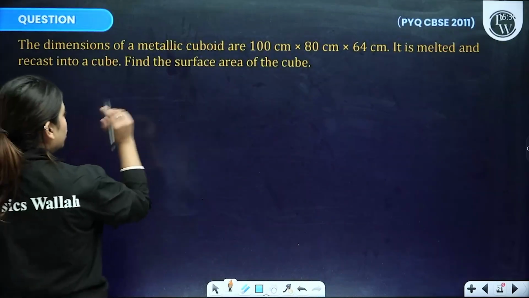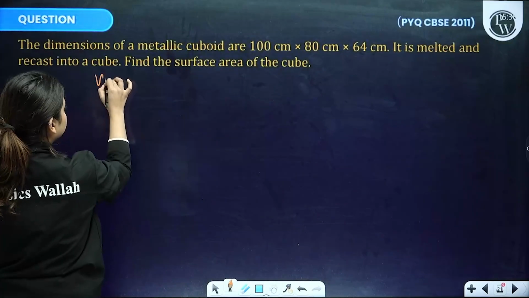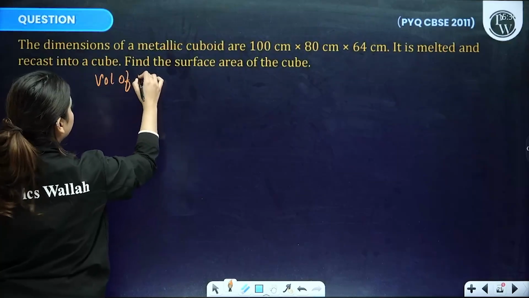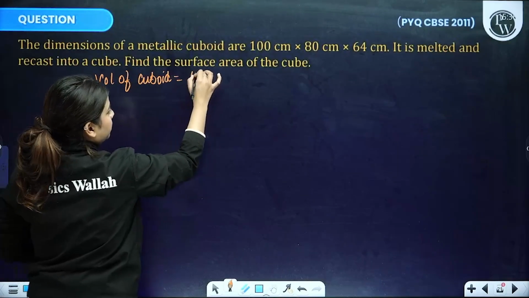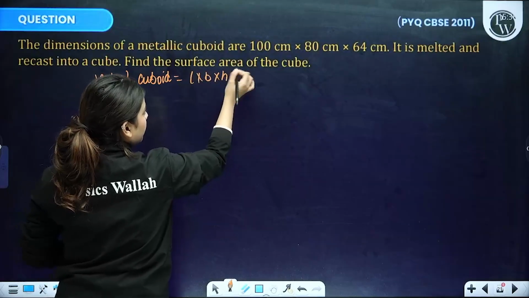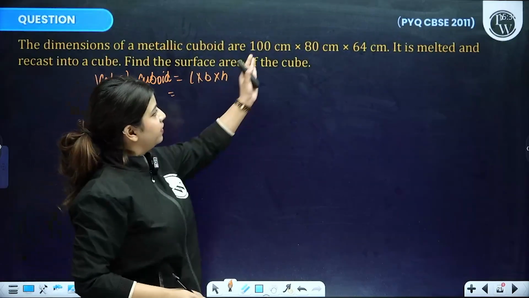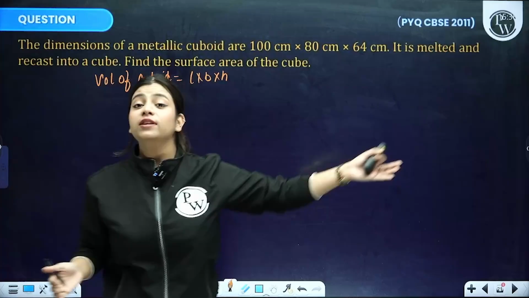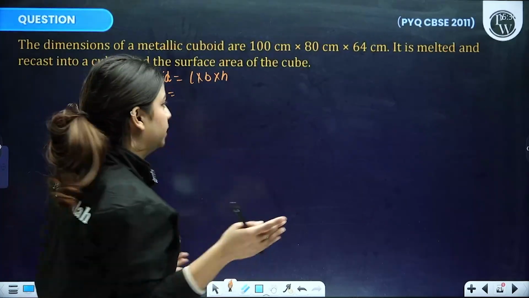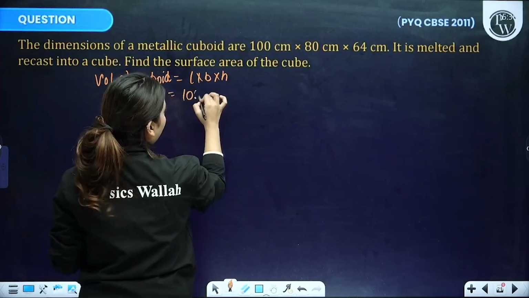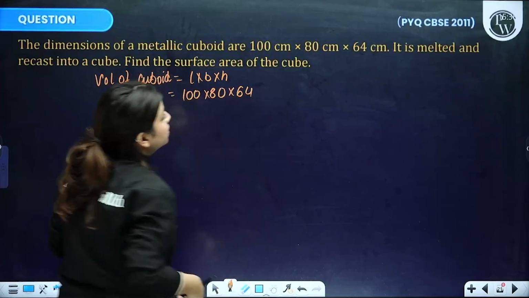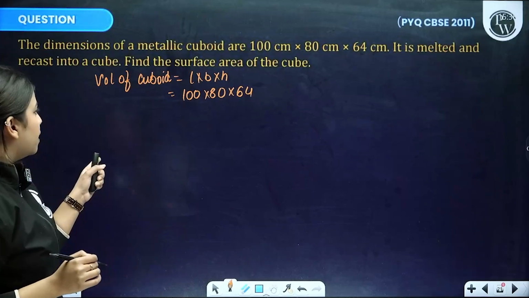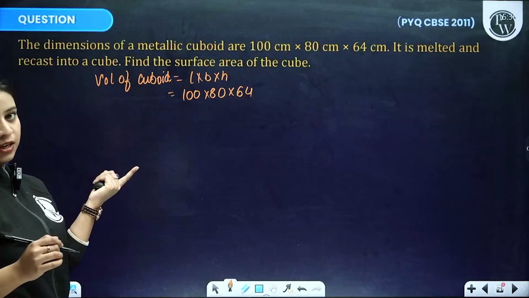So basically, let's find out the volume of cuboid. Volume of cuboid will be L into B into H. Whenever it is given as 100 into 80 into 64, that means length into breadth into height automatically. Let's not solve it up. We'll not multiply it. Now it is melted and recast into a cube. Find the surface area of cube.